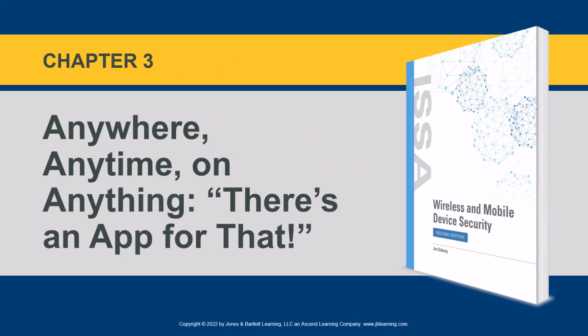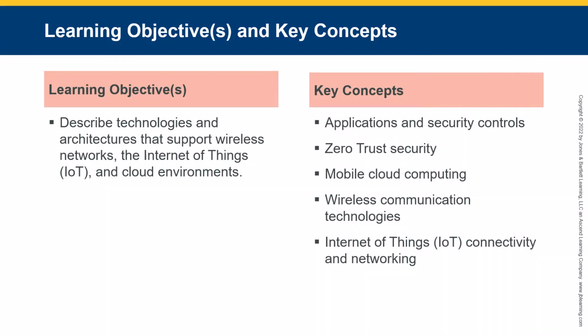Alrighty, Chapter 3, Anywhere, Anytime, on Anything. There's an app for that. So again, we're going to be focusing on the wireless components, and we're going to get into things such as IoT. We're going to be talking about mobile and cloud-based computing, wireless tech. We're going to get into application and basic security controls. The main focus is going to be that zero trust concept.